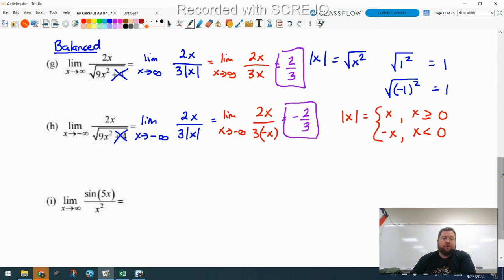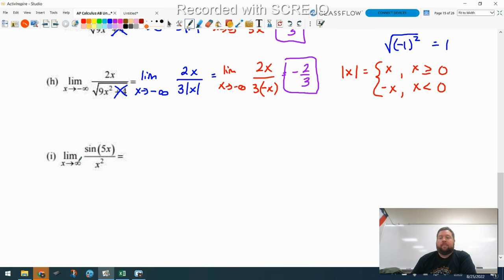Let's talk about this one, then we'll move on to the back. So the x squared gets really, really big. Think about the sine graph. It doesn't get really, really big. It just keeps doing the same thing over and over. It oscillates. So that's very similar to just remaining constant. If this was just a 2 on top, that could be like y equals 2 right there.